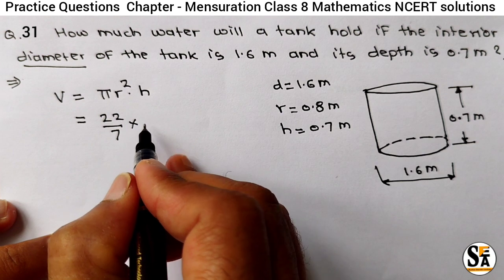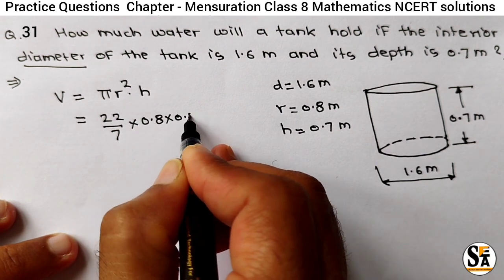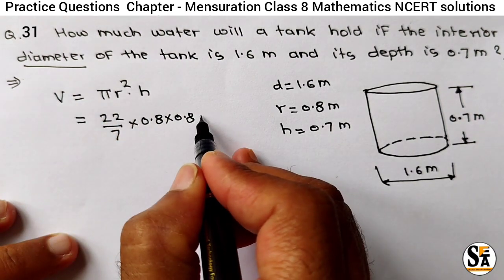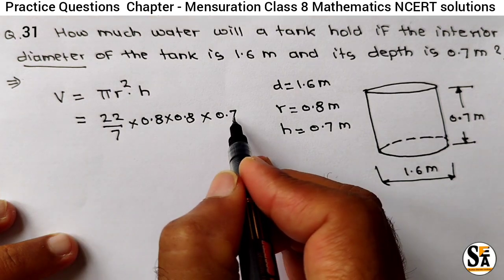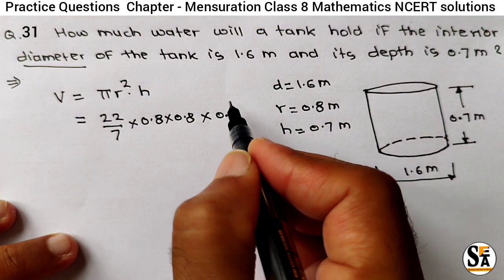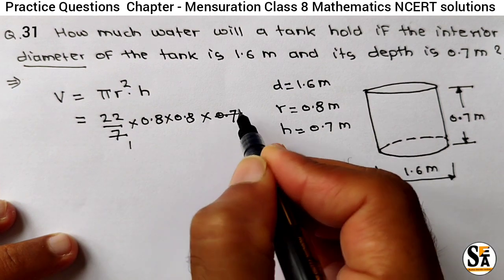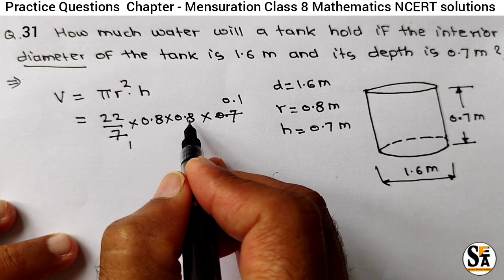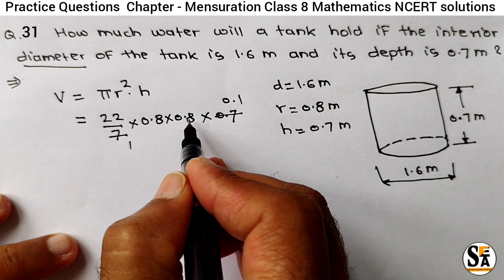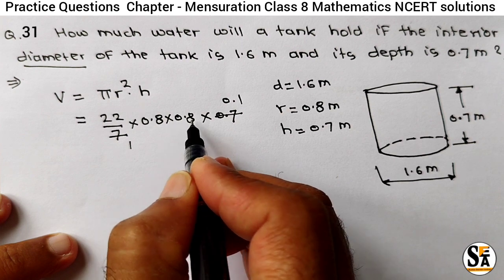So put these values: r is 0.8 into 0.8, two times because it is r square, into h is 0.7. Now see here, this 7 and this 0.7 will get cancelled, but here the result will be 1 and here 0.1, isn't it? Because there is a decimal point. Now the multiplication of 0.8 into 0.8 is 0.64, isn't it?